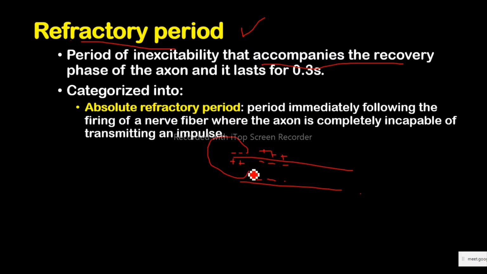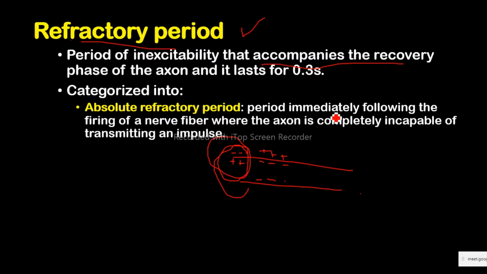So as soon as you form this, at that immediate point you cannot re-excite a nerve fiber or a receptor before that time passes, because already the inside is positive. You have to first restore the resting potential, the membrane potential, to prepare it to receive an impulse.